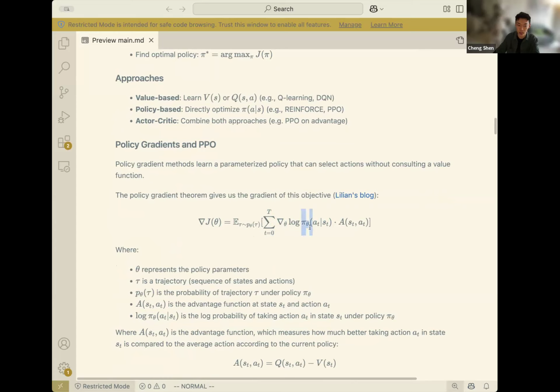This policy is a neural network. In the large language model case, this policy is the decoder-only model architecture. And you can see that we sample the trajectory using the policy, which means in Go, we use the network to predict a whole gameplay, whereas in a large language model, we use the model to generate a sequence of tokens. We calculate the gradient of the log of the predictions, and we have a coefficient multiplied to the gradient, which is the advantage function.